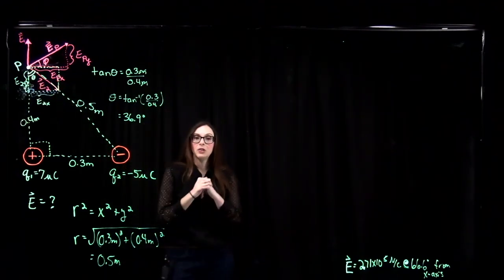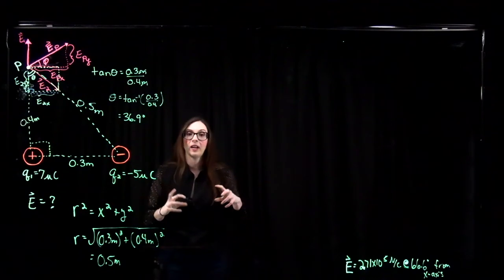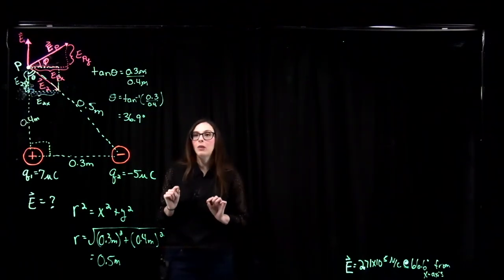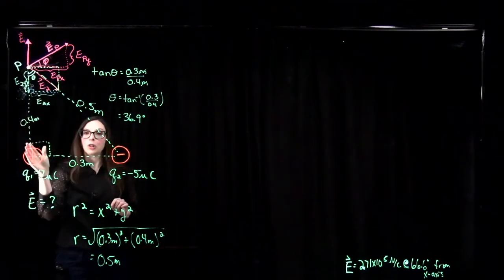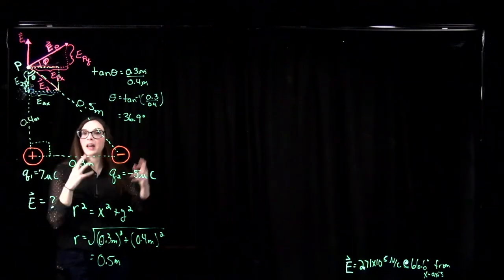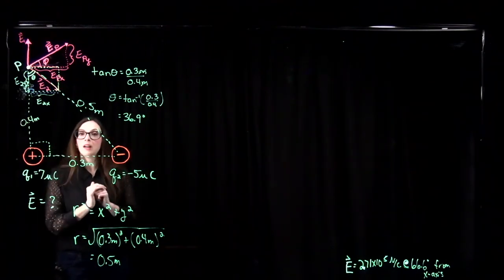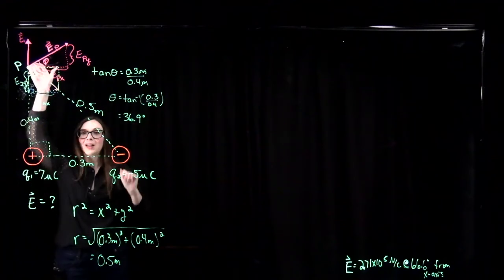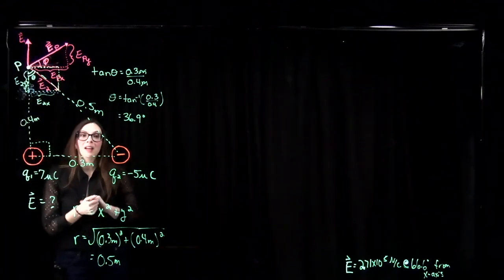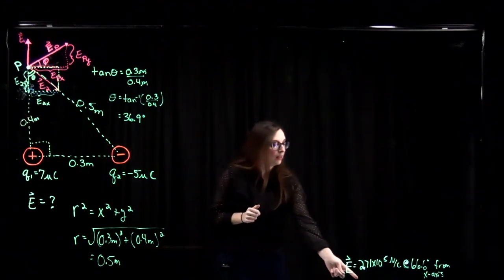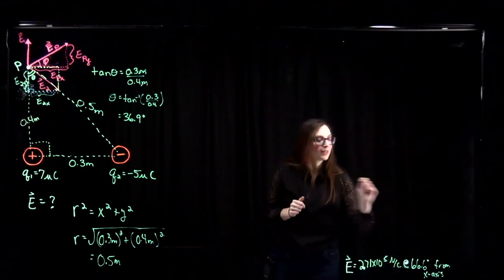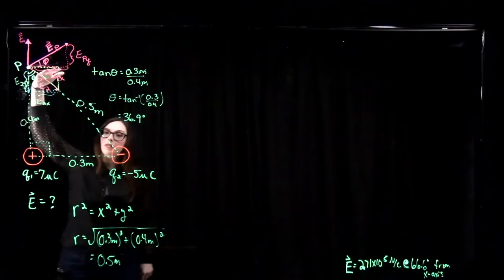Now the electric potential is way easier to find than the electric field. To find the electric field, we had to find the x and y components of the electric field due to charge 1 and the electric field due to charge 2. And then we had to add the x and y components of E1 and E2 together in order to get the x and y components of the total electric field at point P. And we found that the total electric field at point P was 2.71 times 10 to the 5 Newton per Coulomb at 66.6 degrees from the positive x-axis.